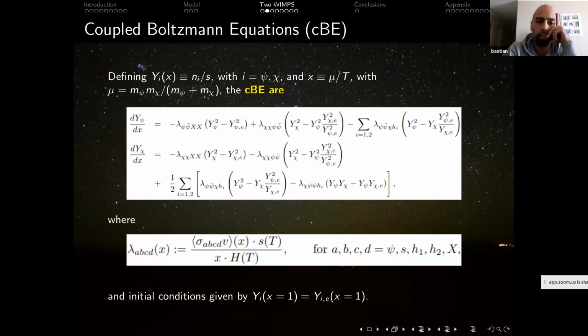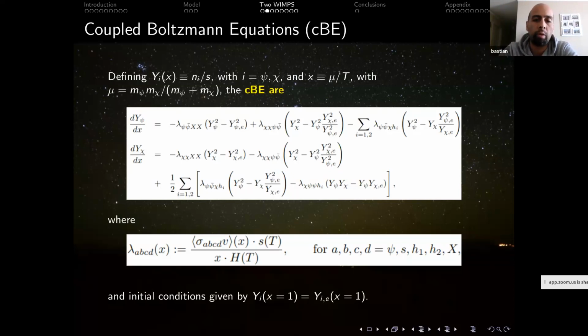So here, this is the mess of equations. We haven't solved this system by hand in this form. We have used micromegas, and X here is something similar to what I showed you in the introduction, but here, as we have 2 dark matter candidates, we use as a parameter mu, the reduced mass of the system.